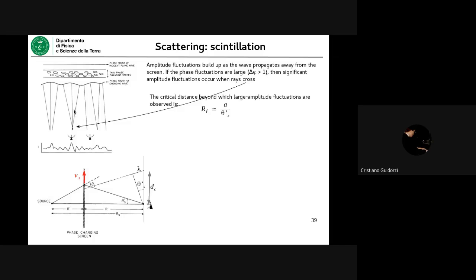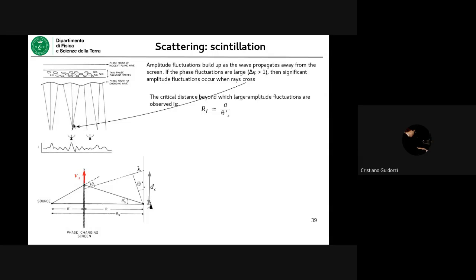Otherwise, if you are too close to the screen, there's no way all these rays coming out of the screen can come together and interfere in a constructive or destructive way. So this is just the first thing to note. Provided that the observer lies beyond the critical distance, you are expected to see all these complex patterns.